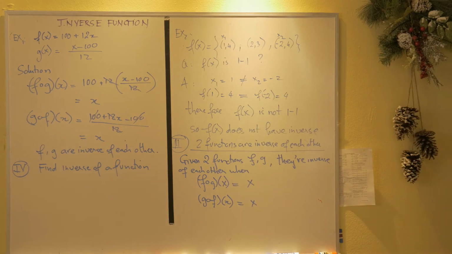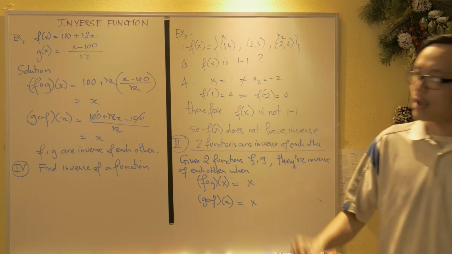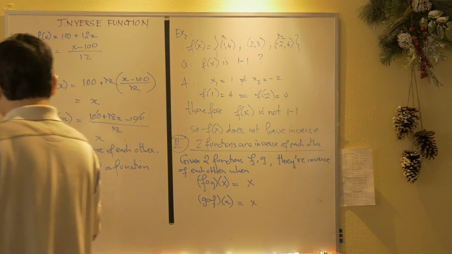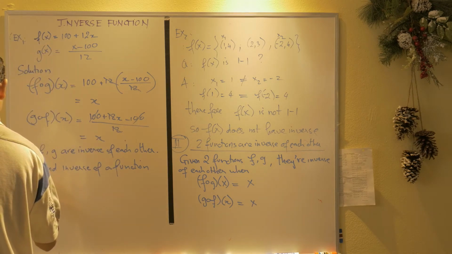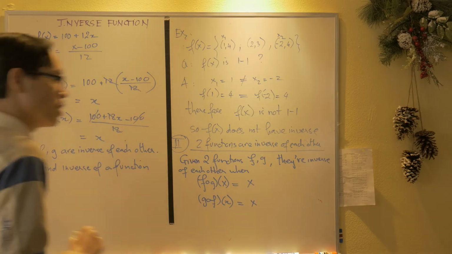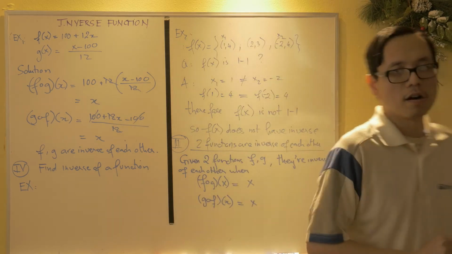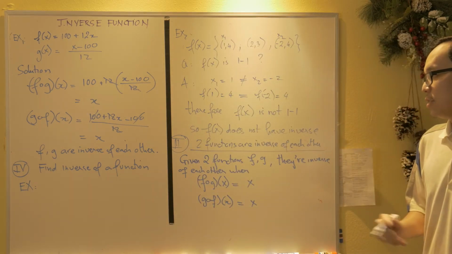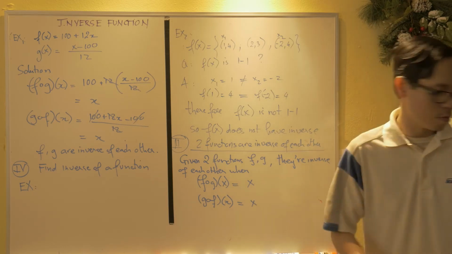So how are we going to find the inverse function of the function? After we know that the function has an inverse, how are we going to find it? You just need to follow a certain step. It's nothing hard, because there is a rule for that, so you just follow the rule.